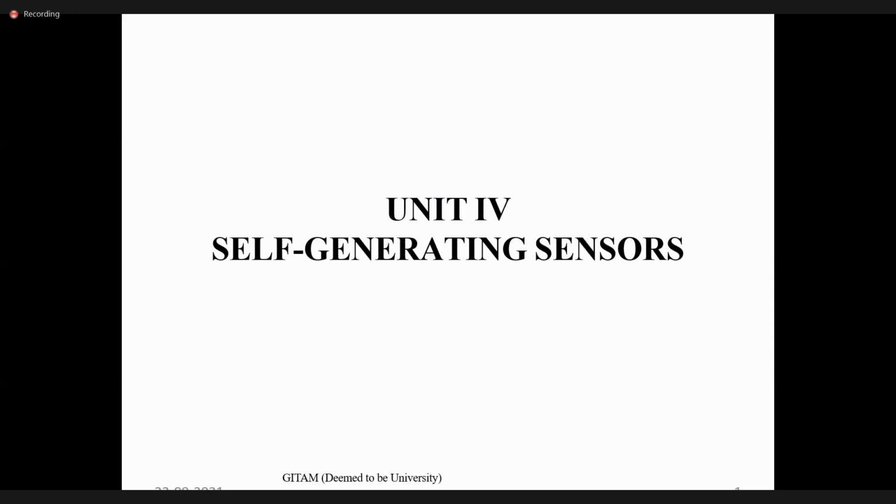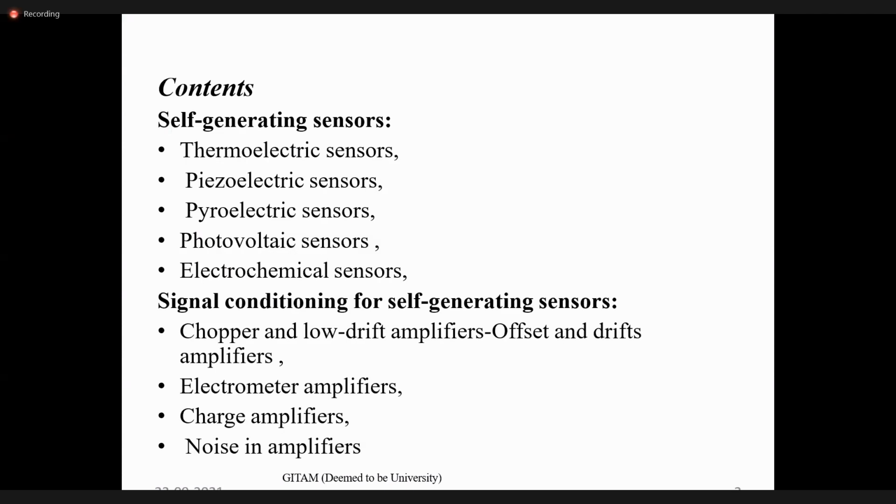Self-generating sensors means they will sense physical parameter variations without using external input supply. Here we have different types of self-generating sensors. First one is thermoelectric sensors. Next one is piezoelectric sensors.